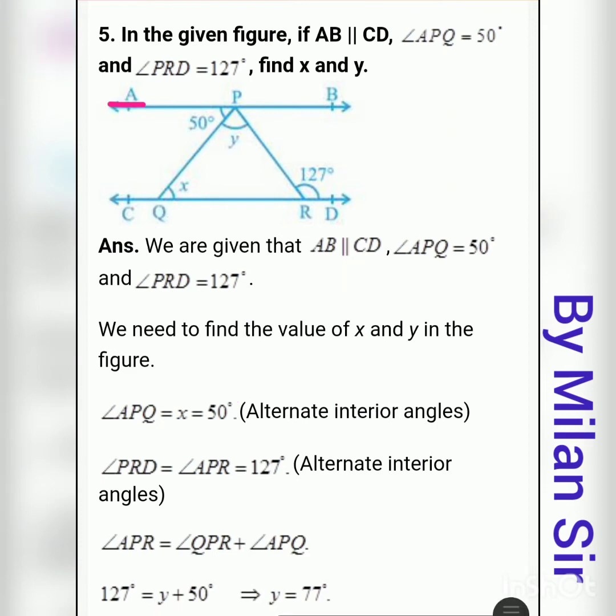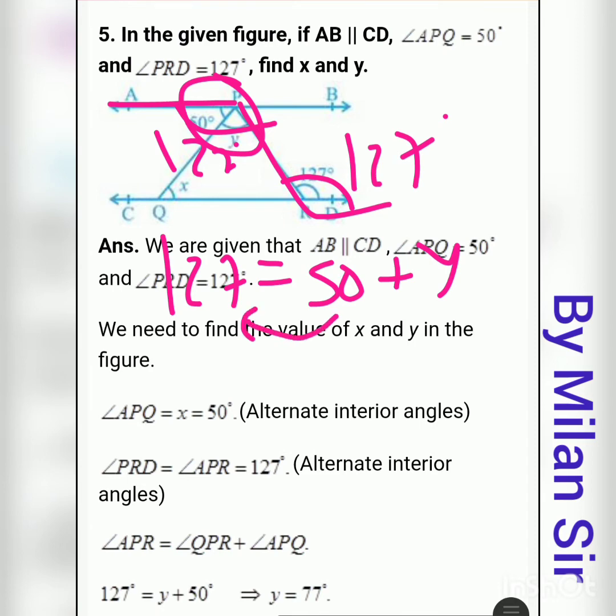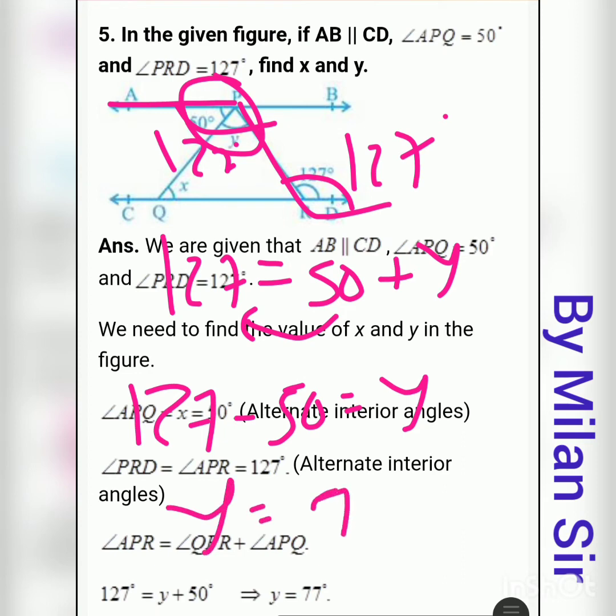Again here we have one Z, so this is 127, so this is even 127. Now this 127 is the addition of two angles, 50 plus y. Now for finding out the value of y, we need to transfer this 50 to the left hand side, so it becomes negative. So 127 minus 50 degree is equal to y, so y is equal to 127 minus 50, 77 degree.